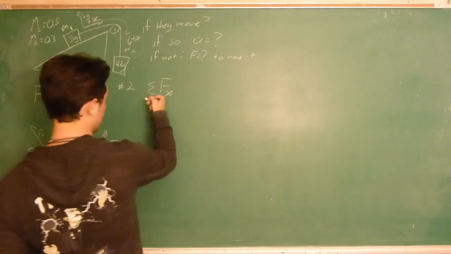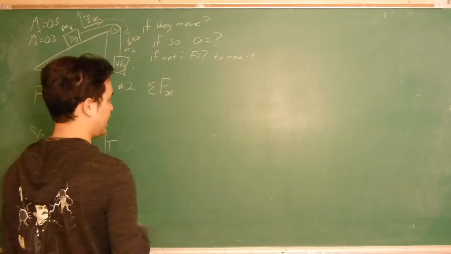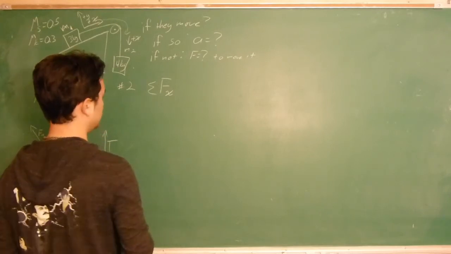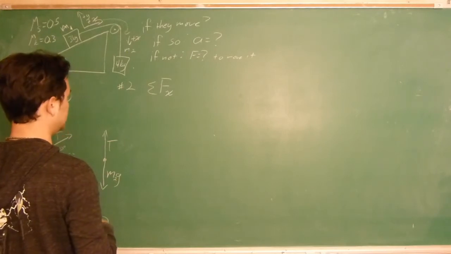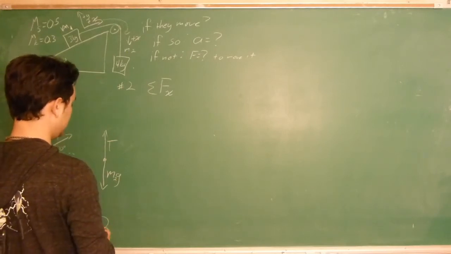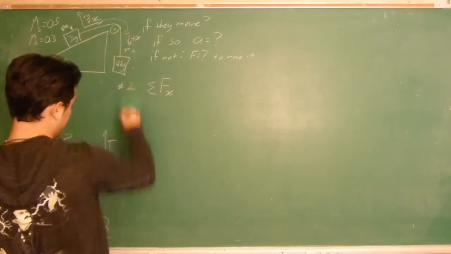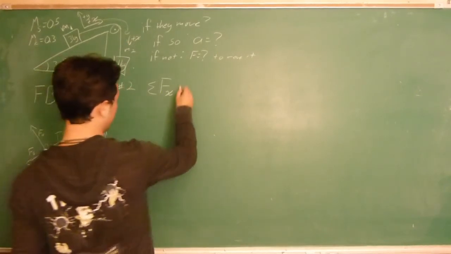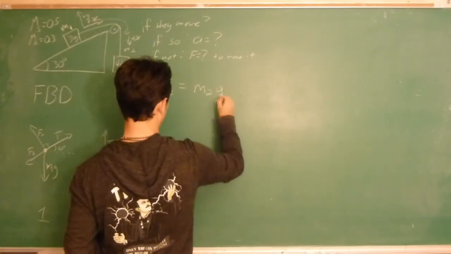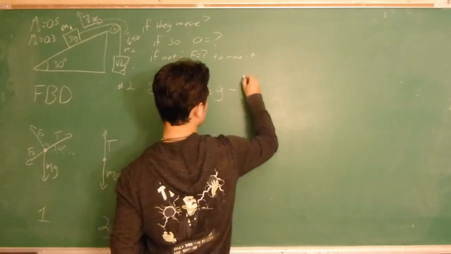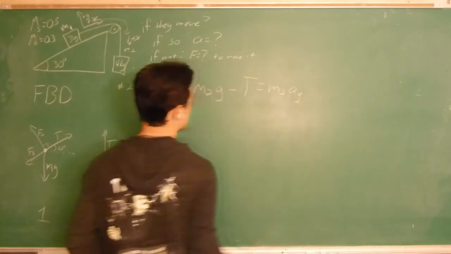So in this case, I'm actually dealing with my sum of forces in the x direction, even though it's up and down. I can label my dimensions or my directions however I want. I can put my coordinate axes wherever I want, whatever makes them easy for me. Okay, so in this case, since positive x is down, I've got a positive gravity minus the tension equals my mass times my acceleration.